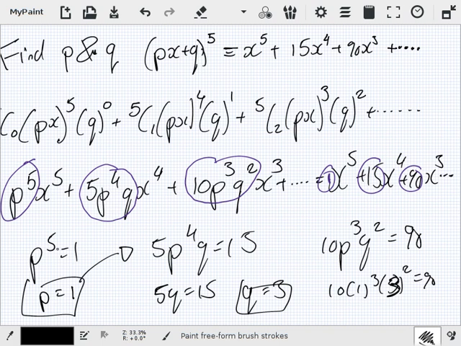So you're comparing p^5 x^5 to x^5, to the coefficient of x^5. So you can cancel the x^5s if you think about it. Okay, write this one down now.